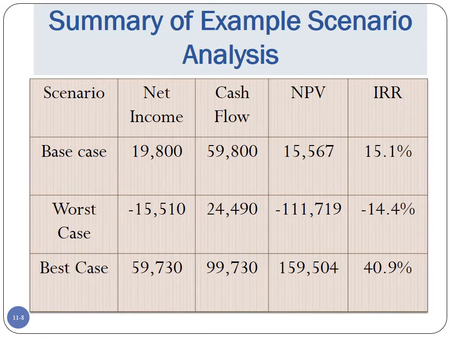But if we start varying these details, we look at the worst case with a negative net income and low cash flow, we see a negative net present value and a negative IRR. And then in the best case, we see high net income and high cash flow with a high net present value and a high IRR. So we need to use scenario analysis to sort of bound our assessments of where this project will take us.